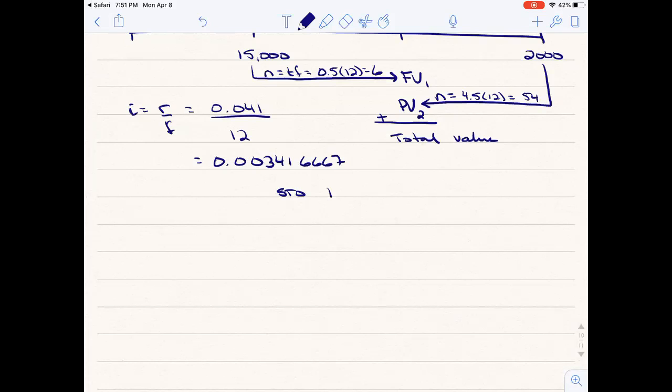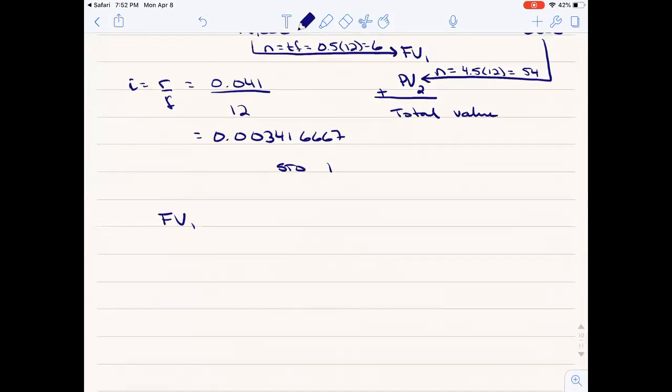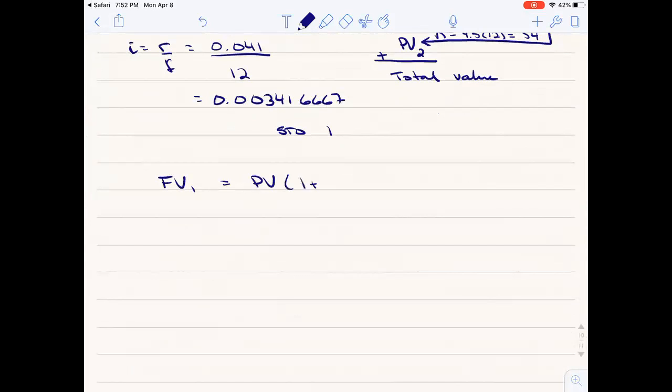Okay. So we have to find a future value and a present value. We've done worse. Future value 1 is the present value times 1 plus i to the power of n.